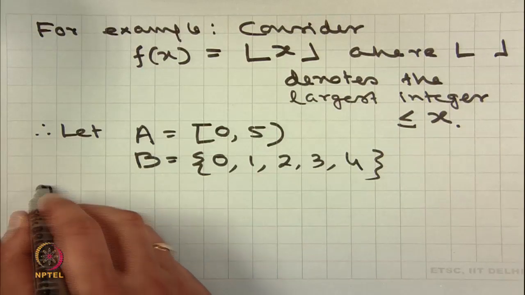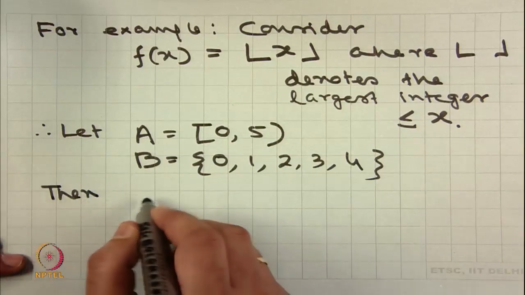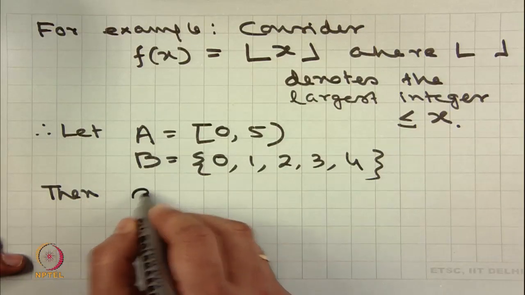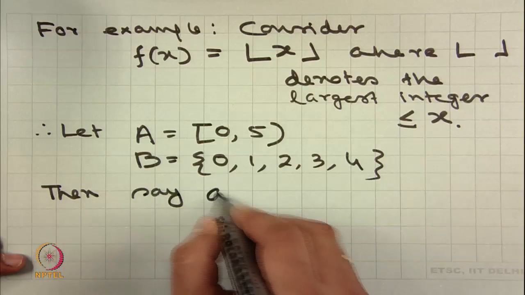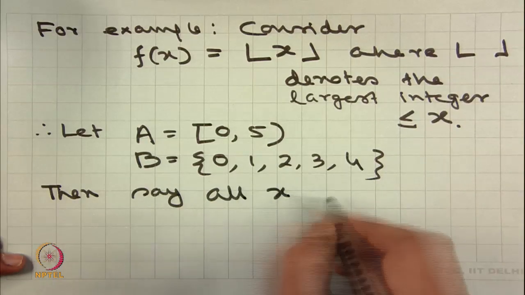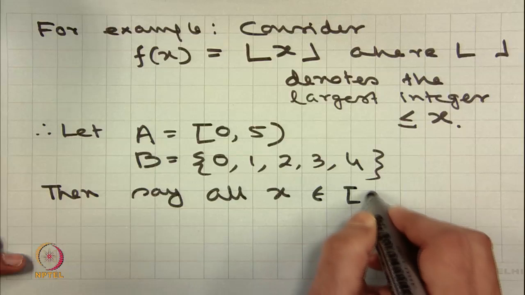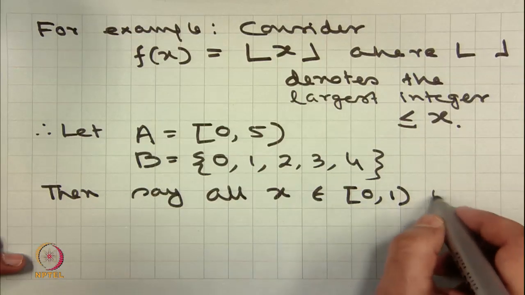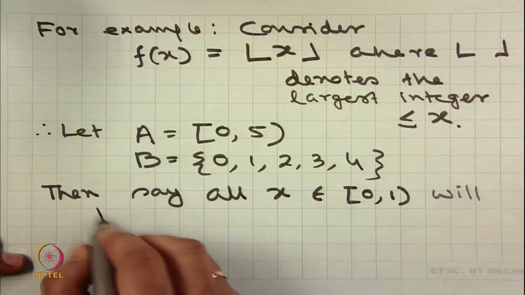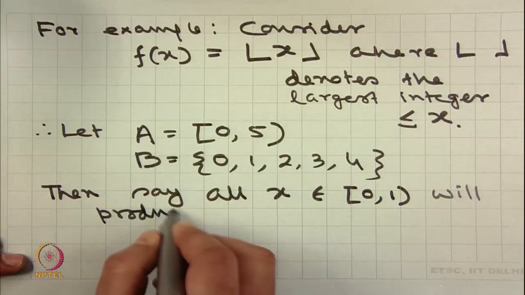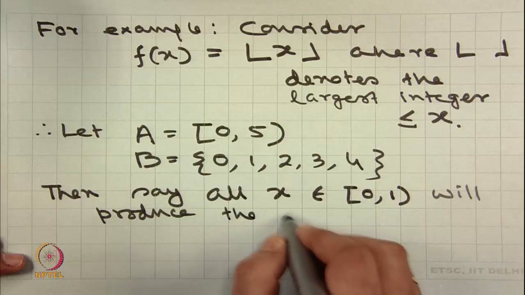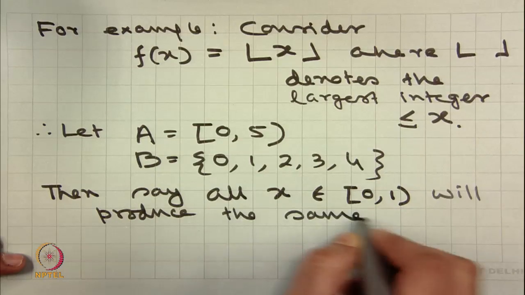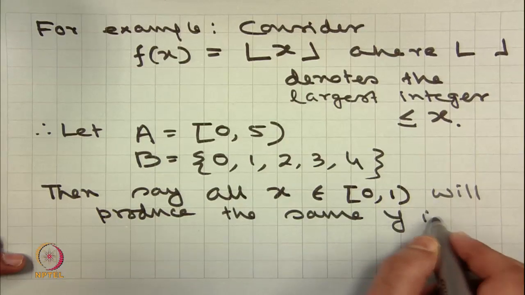Then, say, all x belonging to [0, 1) will produce the same y, that is 0.